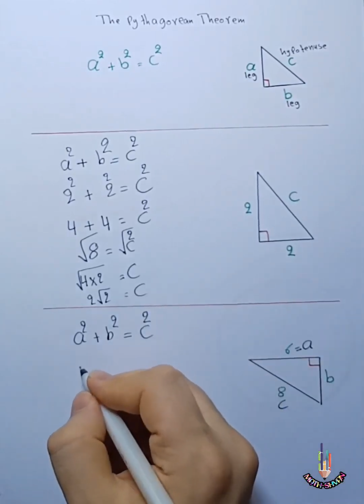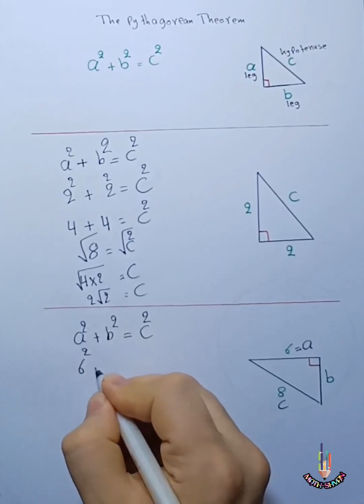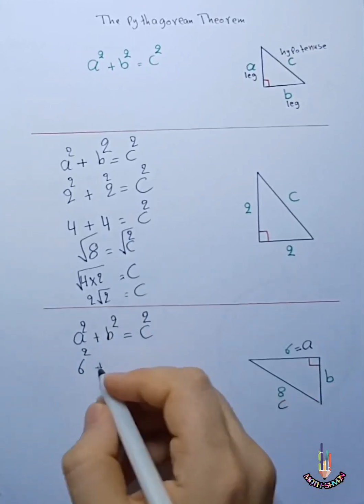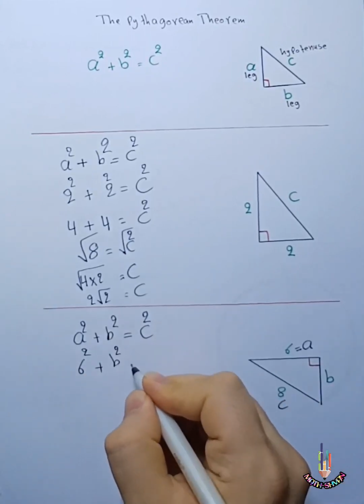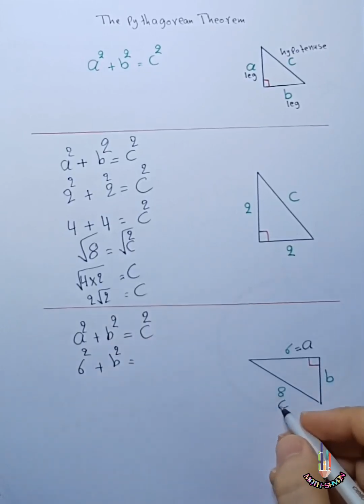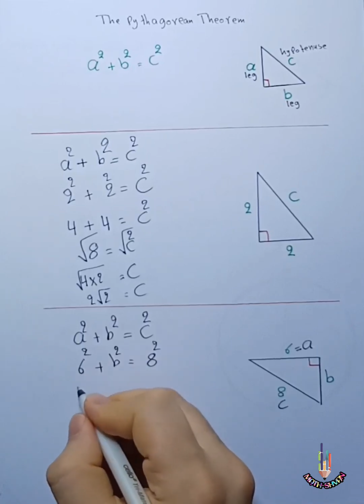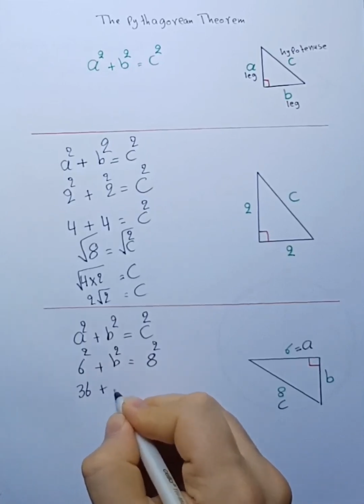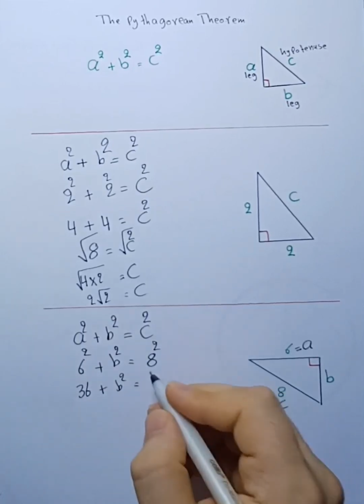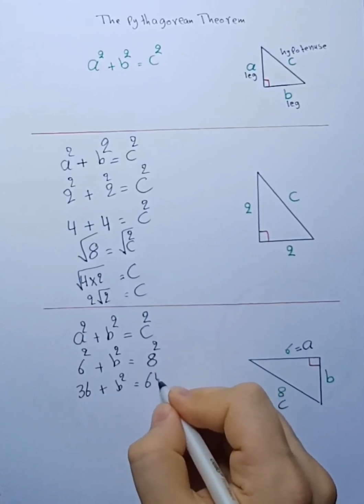So a is 6 square plus b square, we don't know the value for b, and the hypotenuse is 8 square, so 6 times 6 equals 36 plus b square equals 8 times 8 equals 64.